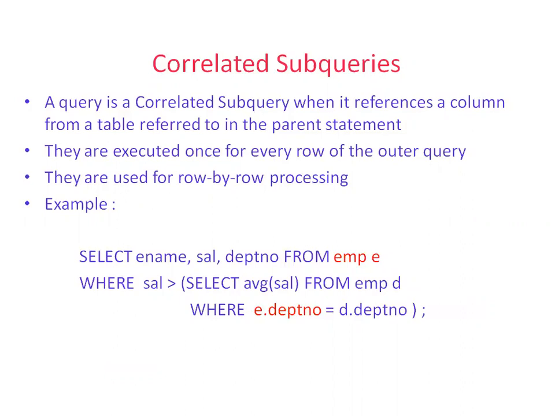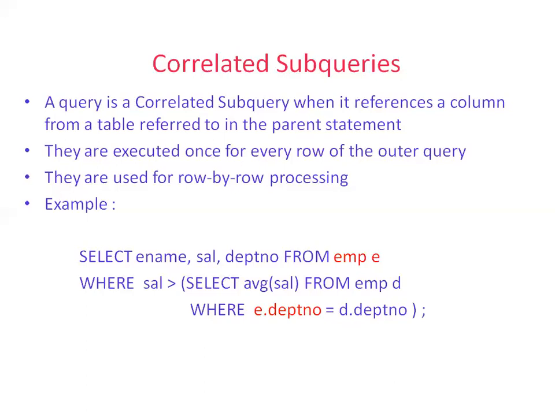Here, in this particular sample, if you read the child first, you may not get total clarity, because so far I've been telling you to read the child first, then the parent. But you'll get partial information here. Select average salary from employees where e dot department is equal to d dot department number.